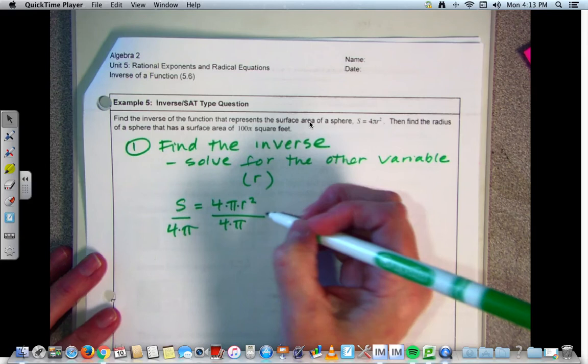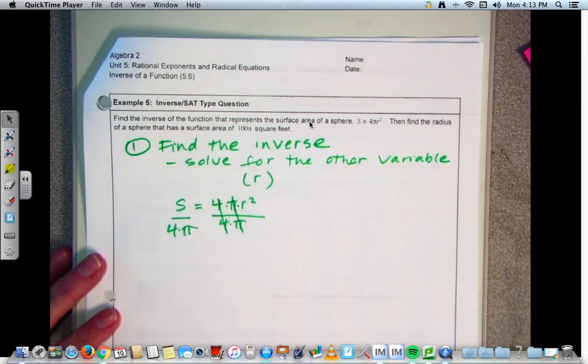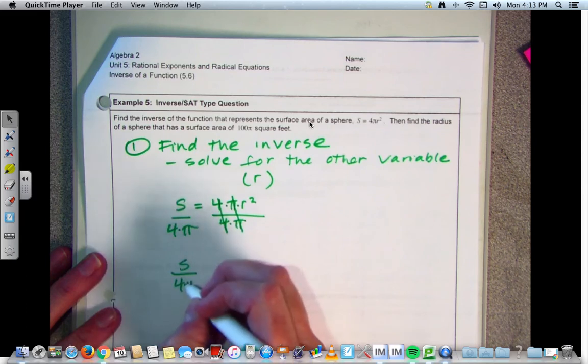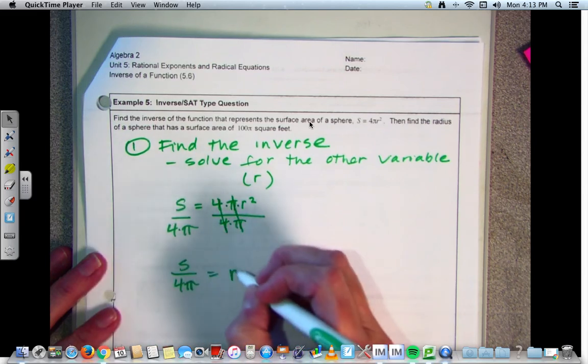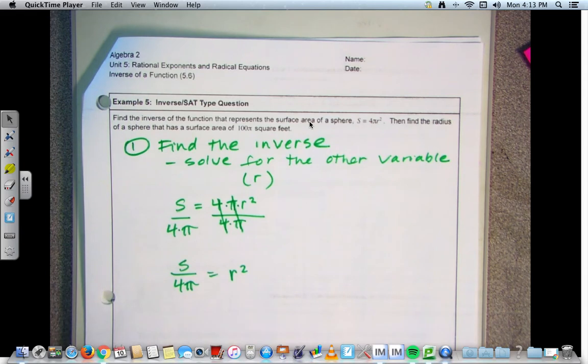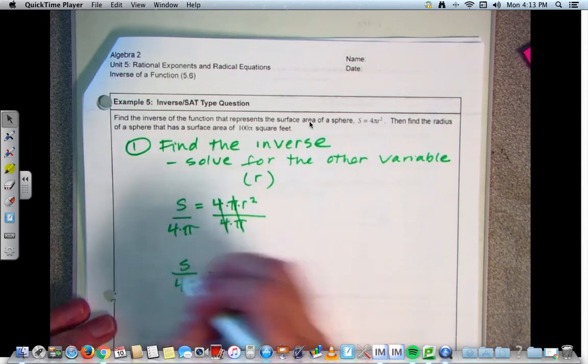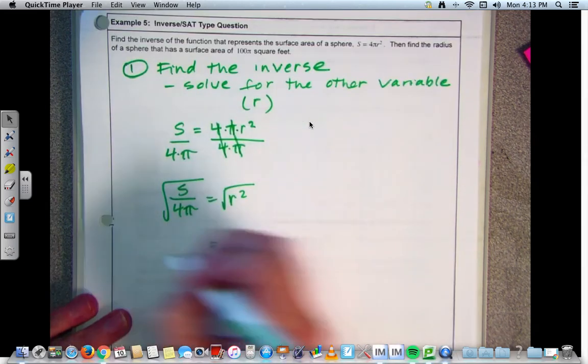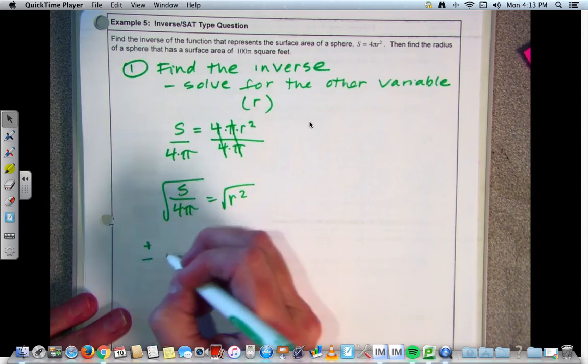So we've divided both sides by 4 pi. On the left side, we have S over 4 pi. On the right side, we have r squared. Now we need to get r by itself. This is r squared, and undoing an r squared is to take the square root. Now most of the time we would look at both the positive and the negative.